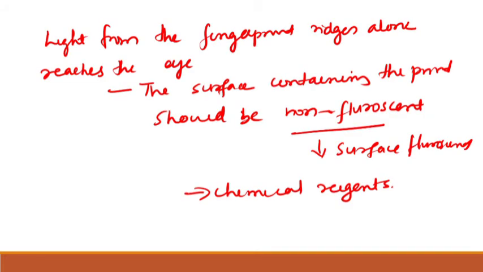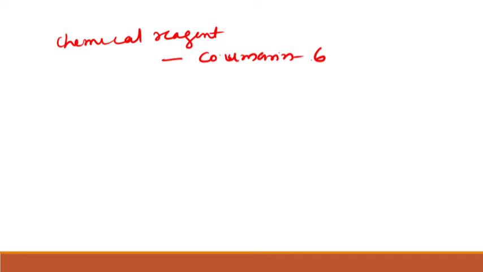The chemical reagent is used for creating induced fluorescence. We can induce the fluorescence using chemical reagents and materials like coumarin 6.